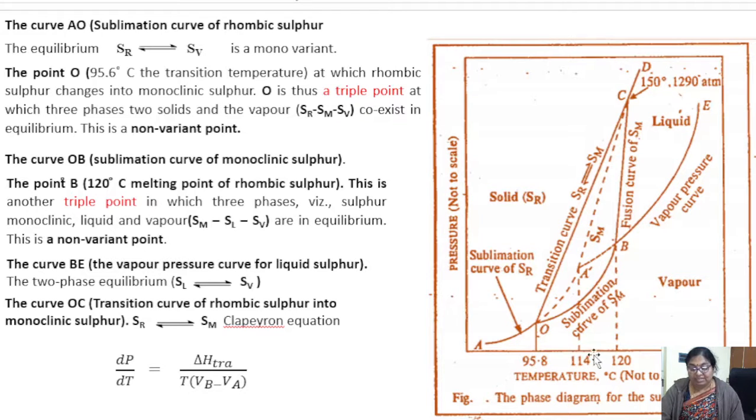This is what is there. This form of monoclinic sulfur exists and is limited on all sides.